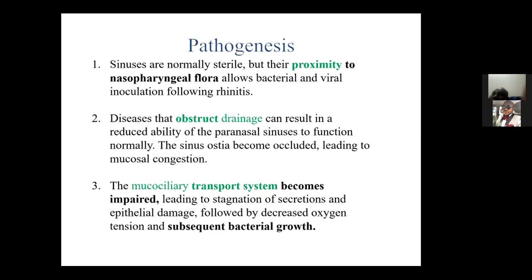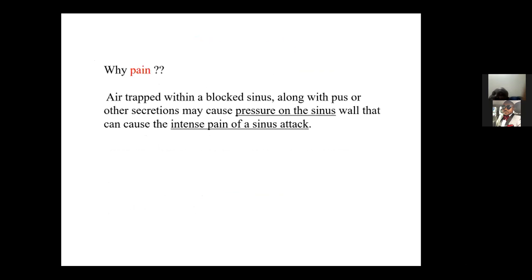When the ostia are occluded, it can lead to nasal congestion. And when there's nasal congestion, there is disruption of the mucociliary transport system, leading to stagnation and retention of secretions, which causes epithelial damage, followed by decreased oxygen tension and subsequent bacterial growth because of the stagnation of this fluid in the passageway.